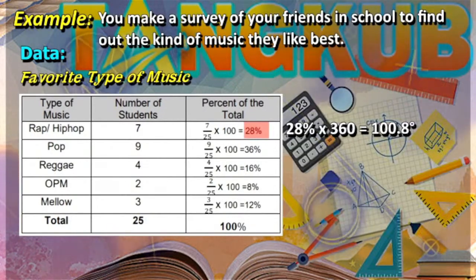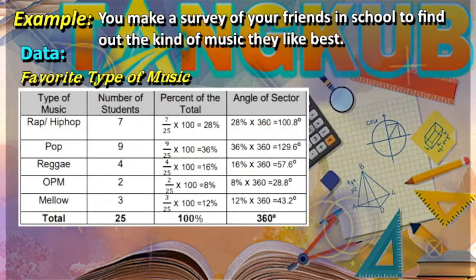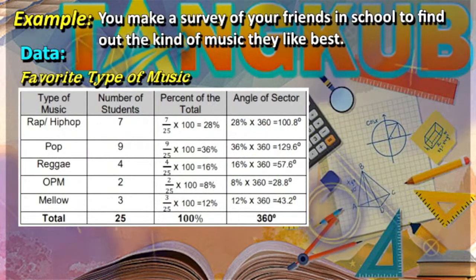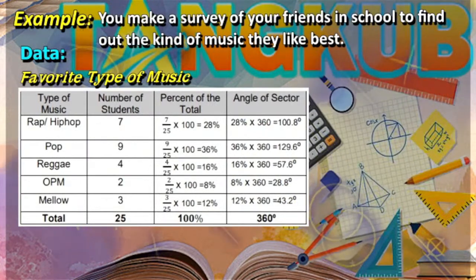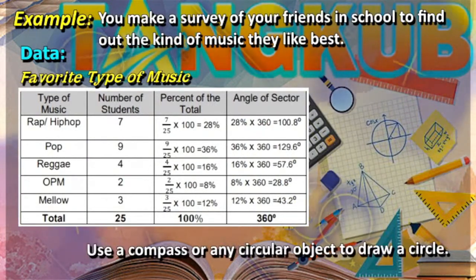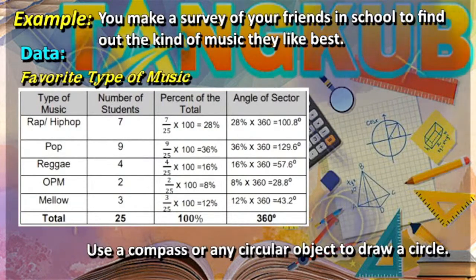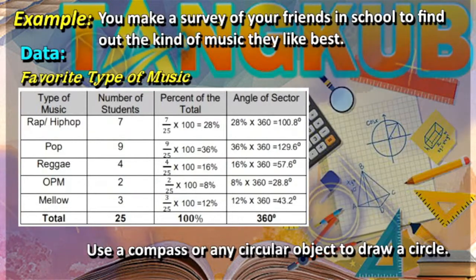Then, continuing the process, using the table in step 3, we are now ready to start making the pie graph. Now, use a compass or any circular object to draw a circle. Now, using a compass, do it this way.